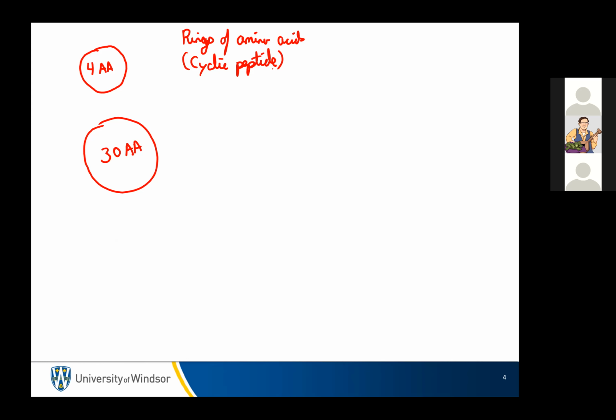Four? Sorry, Hazel? I'm thinking maybe 4 is harder because of the strain. Yeah, it is. And it's counterintuitive.